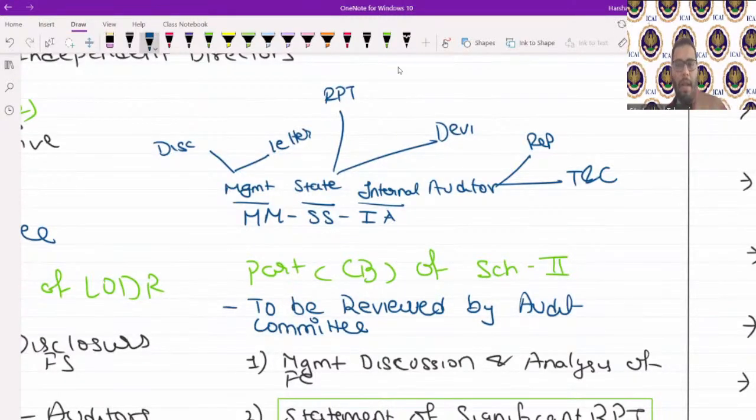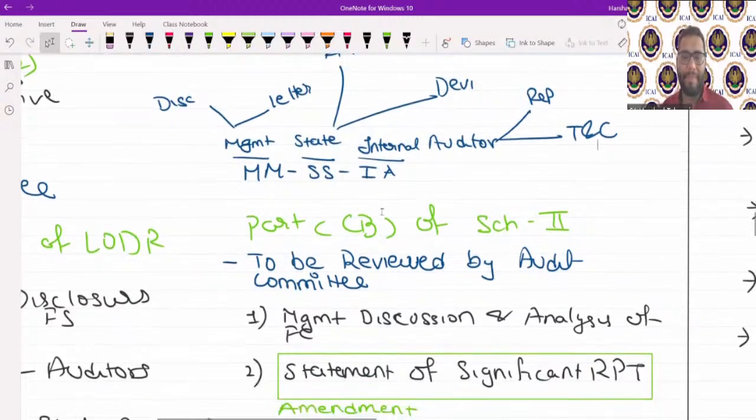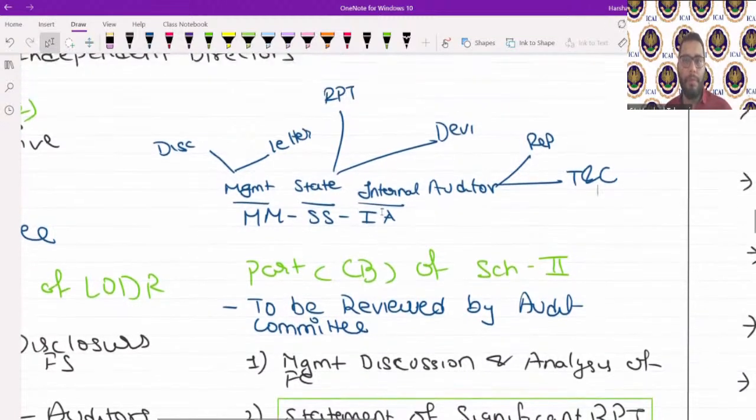Management, statement, internal audit, three things. MMSSIA. Clear? This is a short form for Part C-B of Schedule 2. It might help you to understand and remember this particular thing.